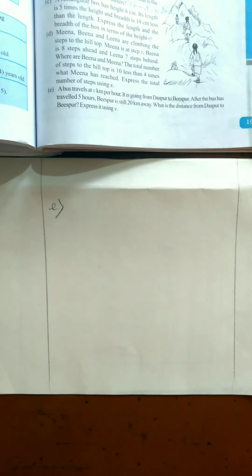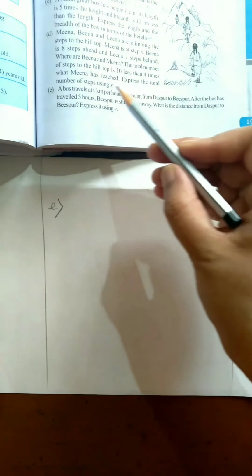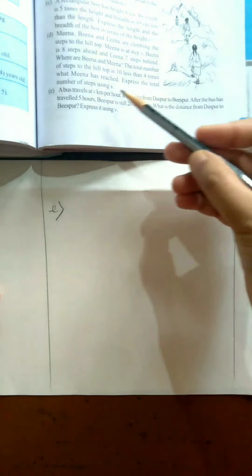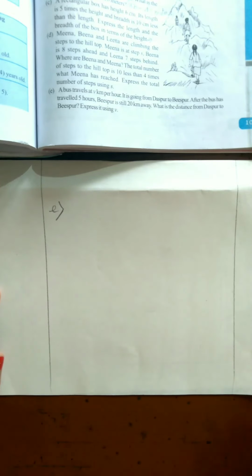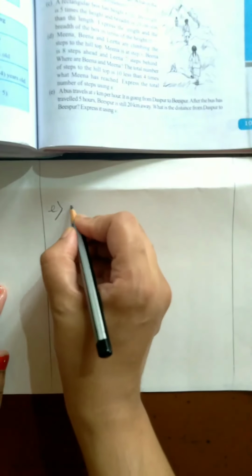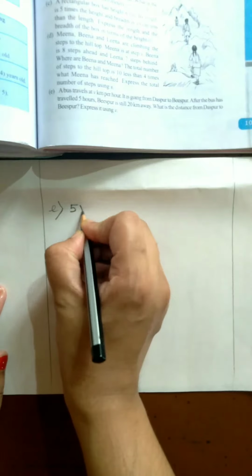To express this using an expression, we know that in 1 hour it travels v kilometers. Therefore, for 5 hours, it will be represented as 5v.